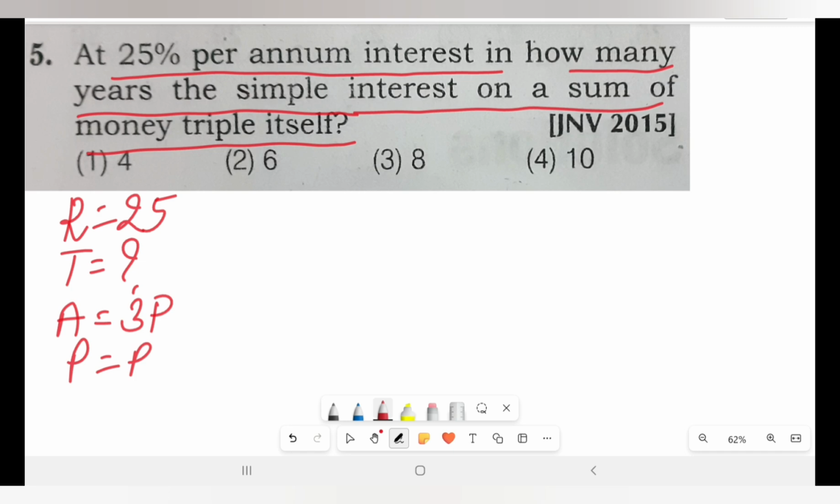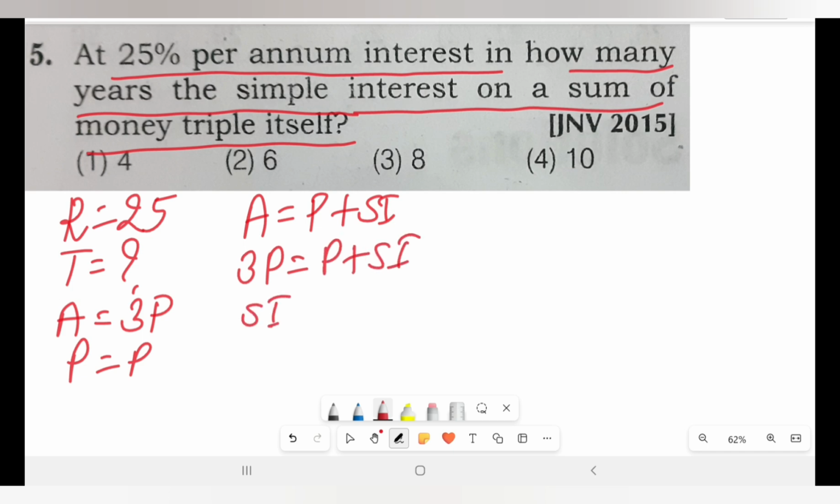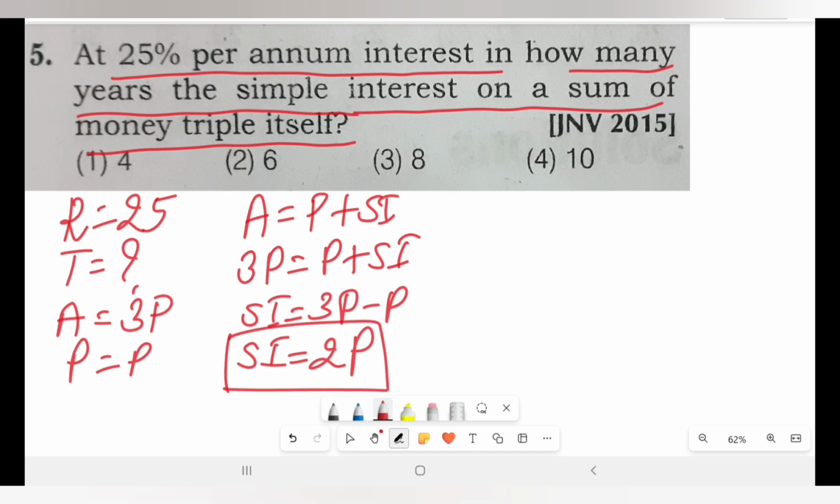You know the relation between the amount and principal: amount is equal to principal plus simple interest. So amount is 3 times P, and principal is P plus simple interest. Therefore simple interest is equal to 3P minus P, that is simple interest is equal to 2 times P. We know the simple interest formula is P into T into R divided by 100.